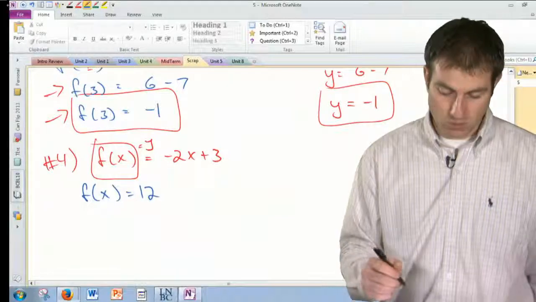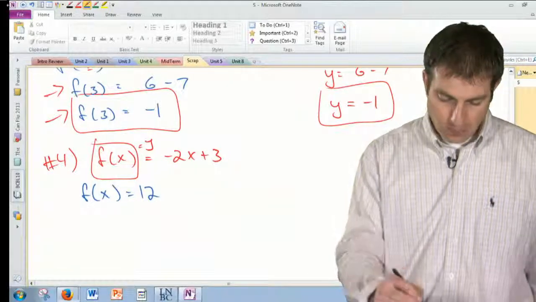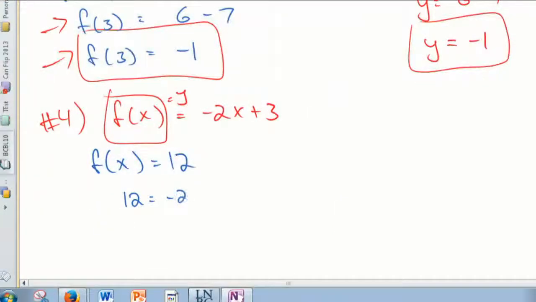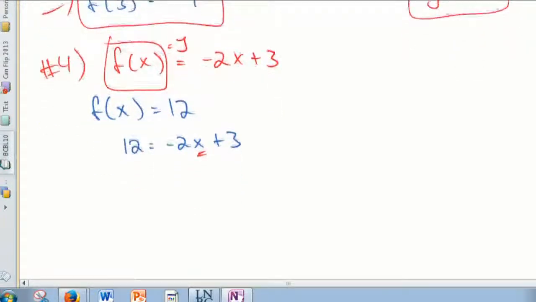What does x equal? So what you're going to do is you're going to go 12 is equal to negative 2x plus 3. And then you're going to solve for x. So we're going to subtract 3 from both sides.